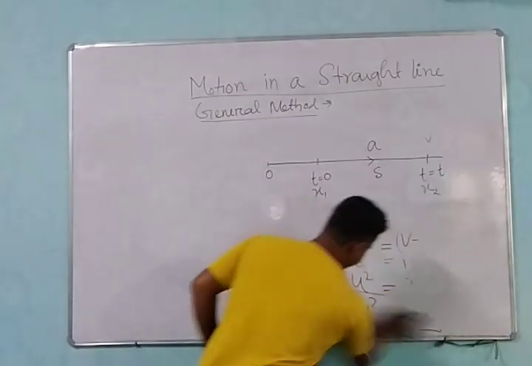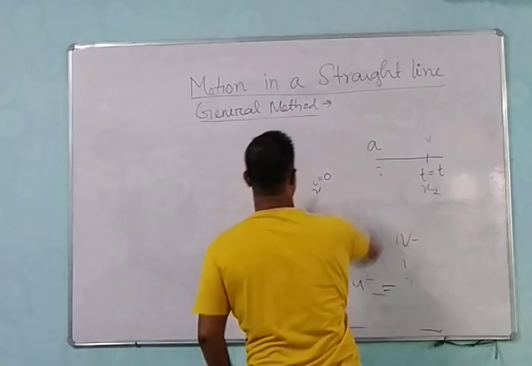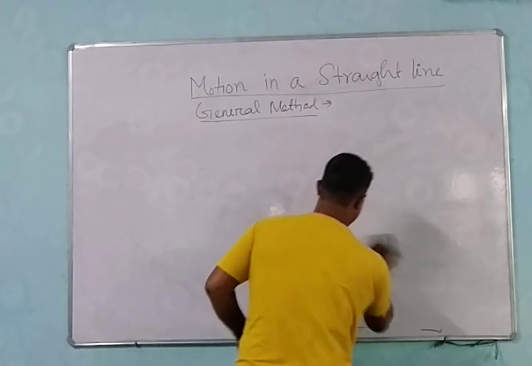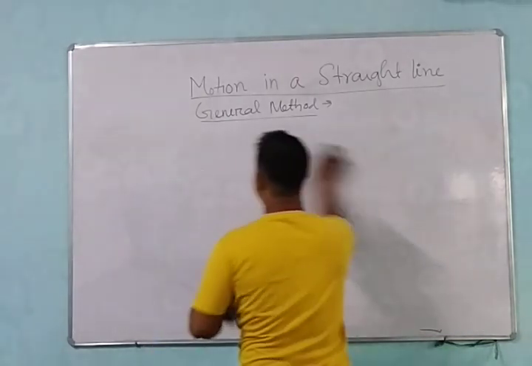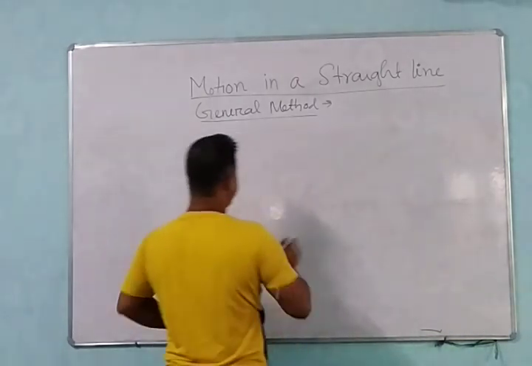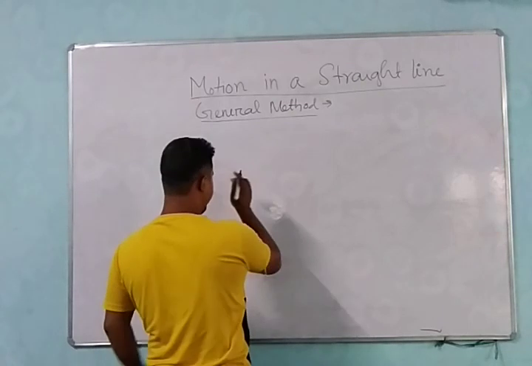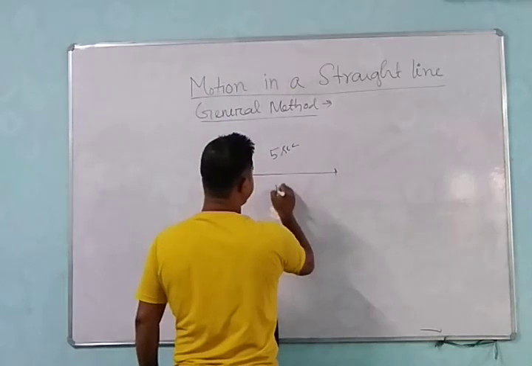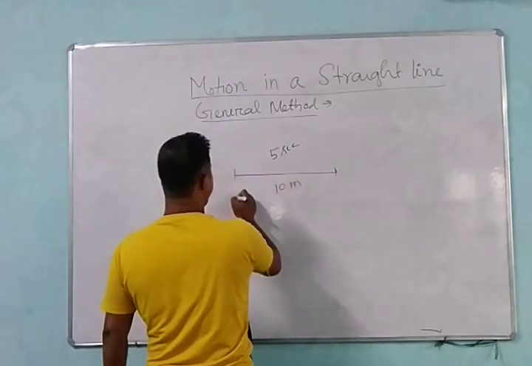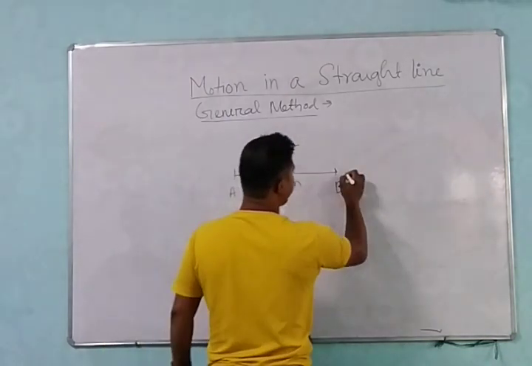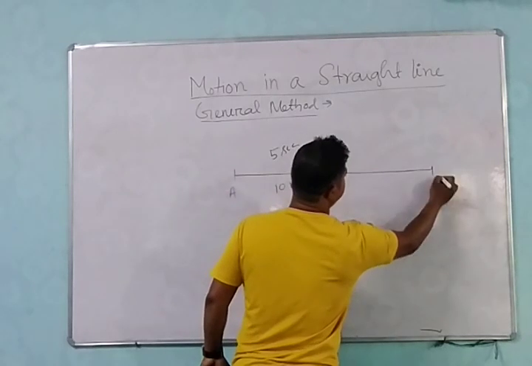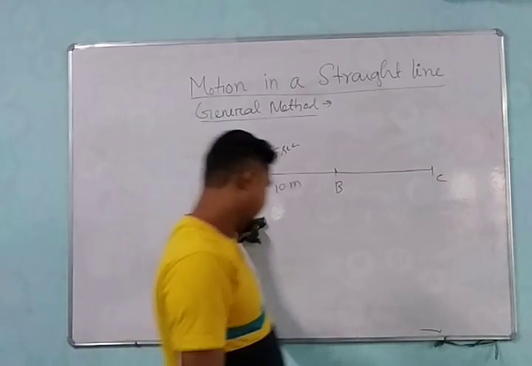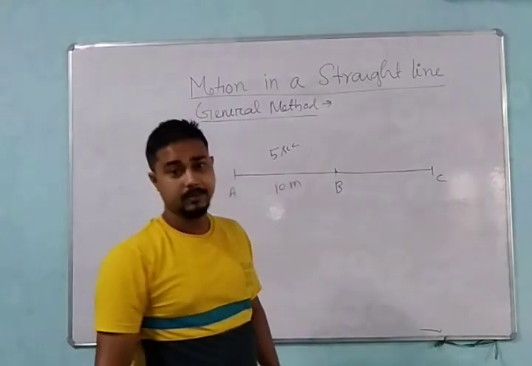For example, let the distance traveled by the body in 5 seconds be 10 meter. Let it be point a, point b and point c, and let the body be moving from a to c through the point b.